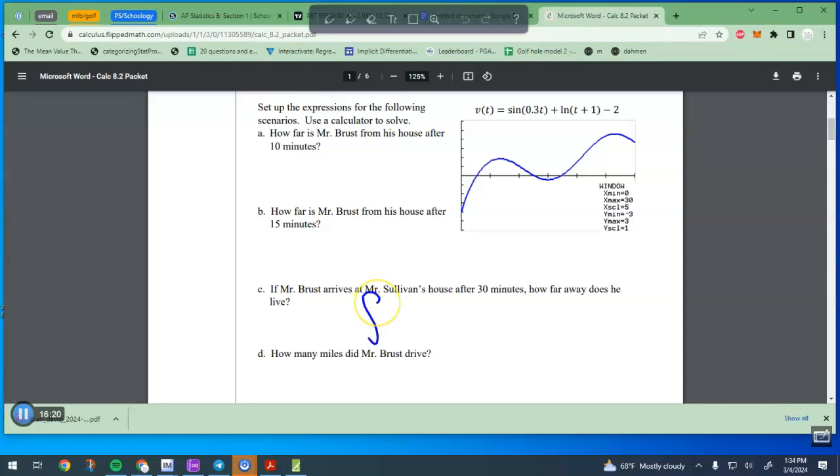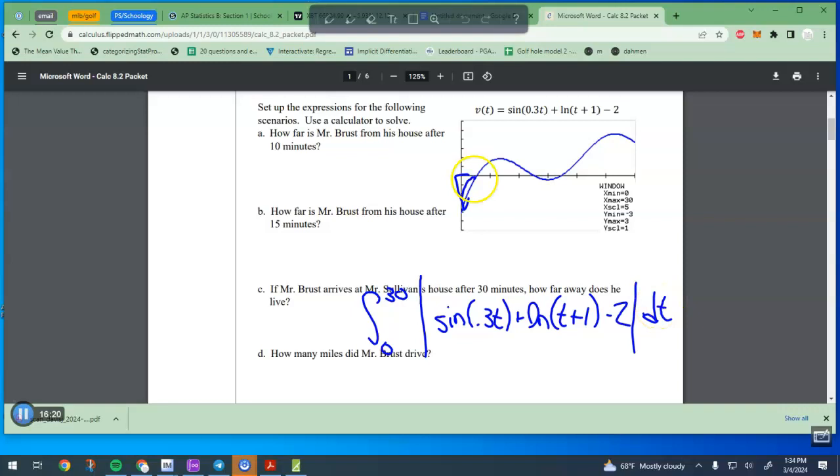So if you integrate from 0 to 30 the absolute value of sine of 0.3t plus ln of t plus 1 minus 2 times dt, that'll take these little areas down here, flip them up and make them positive, and then they count as positive miles driven, which they should because we did drive them.